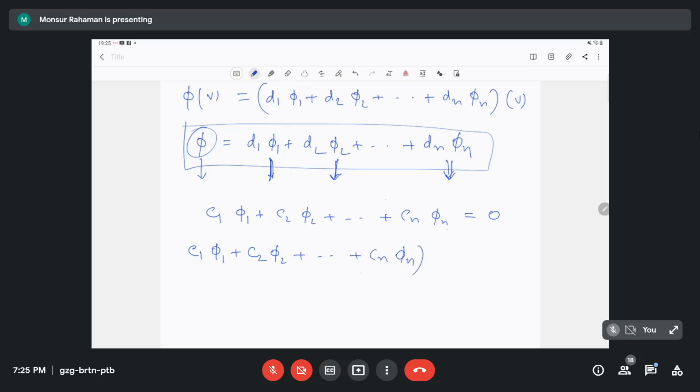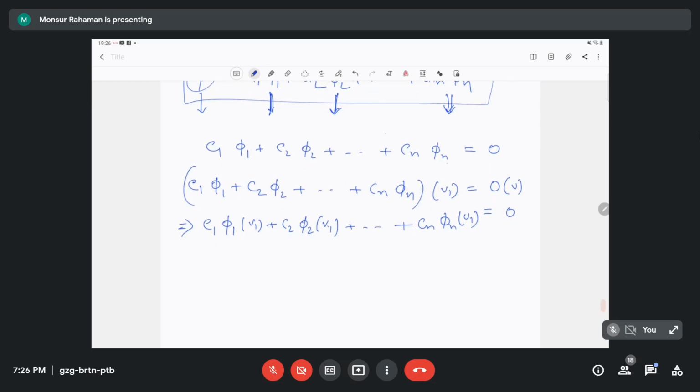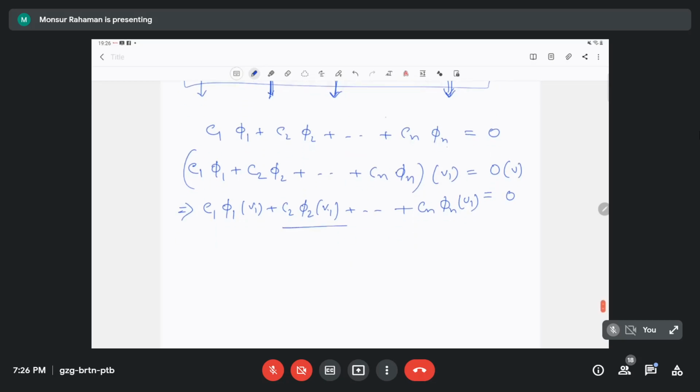We can send any vector, but we'll send v1, the basis vector of V. Since it is the zero function, it will result in 0. So c1 phi 1 v1 plus c2 phi 2 v1 plus cn phi n v1 equals 0.